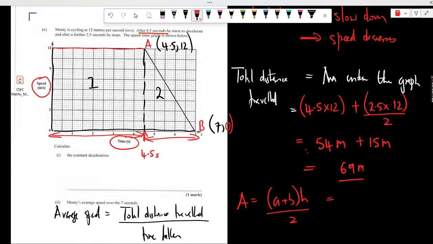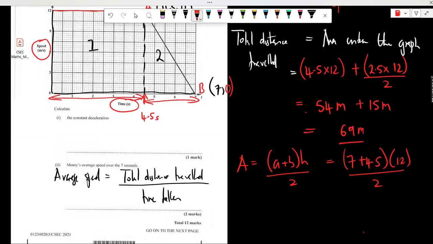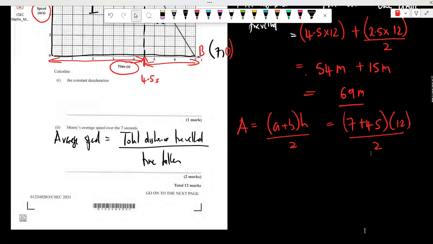In this case, the parallel sides would be the base of the entire figure, which is 7, and the top part, which would be 4.5. So 7 plus 4.5 times the separation between them, which of course is the speed, 12, and this is divided by 2. So 7 plus 4.5, that is 11.5.